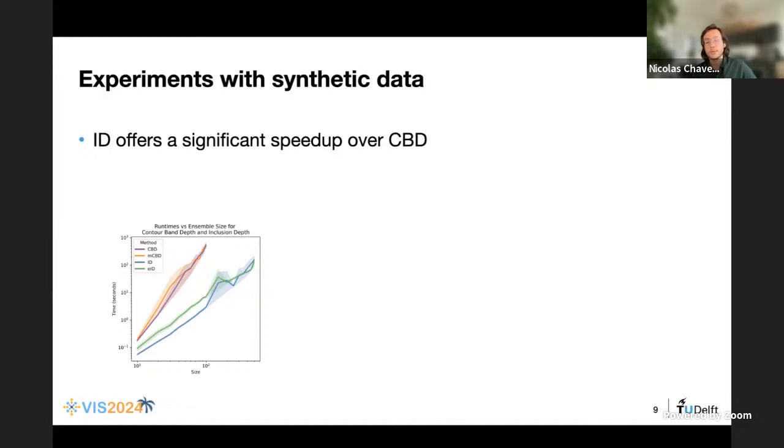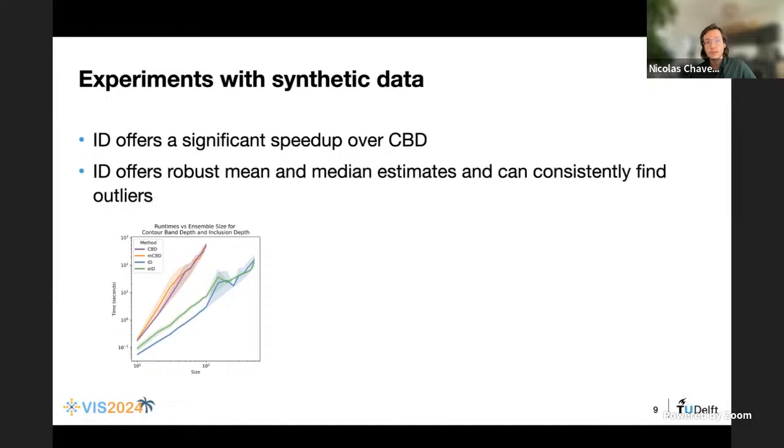We also checked if the depth estimates that we obtain with inclusion depth are comparable to those with contour band depth, as if this is not the case, that would be problematic for analysis yielding different conclusions. We tried a number of datasets, and we recommend you go to the paper to check all of them.